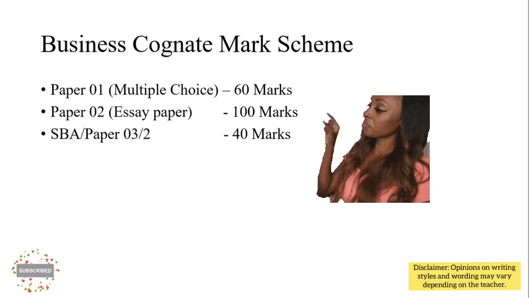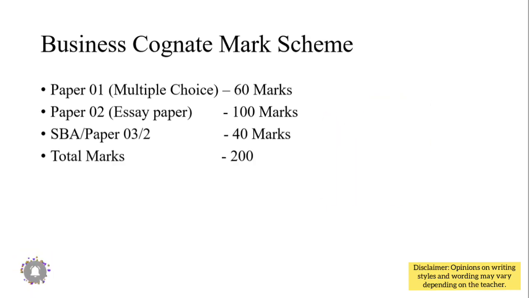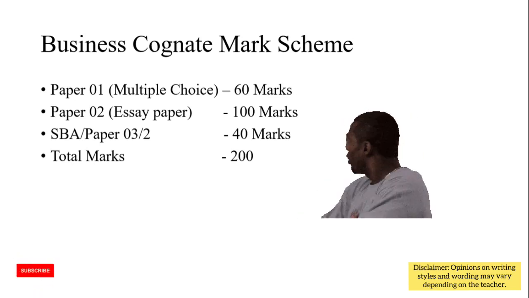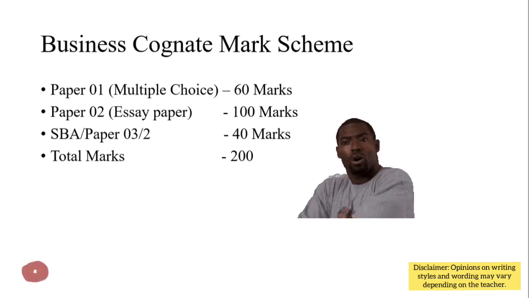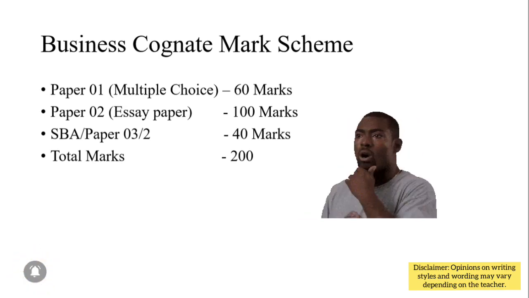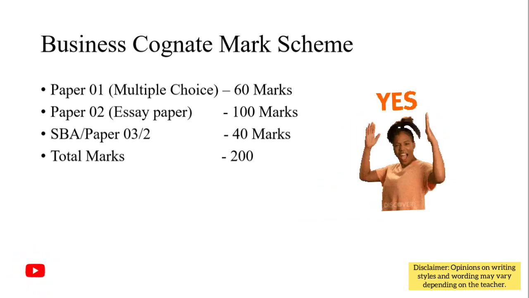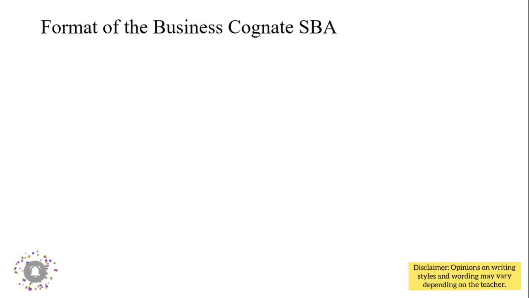So the total marks that you can get in either POB, economics, or accounts is 200 marks. And we are telling you here now that you can get 40 out of that 200, 20% of the marks, by just doing this project. Isn't that good news?